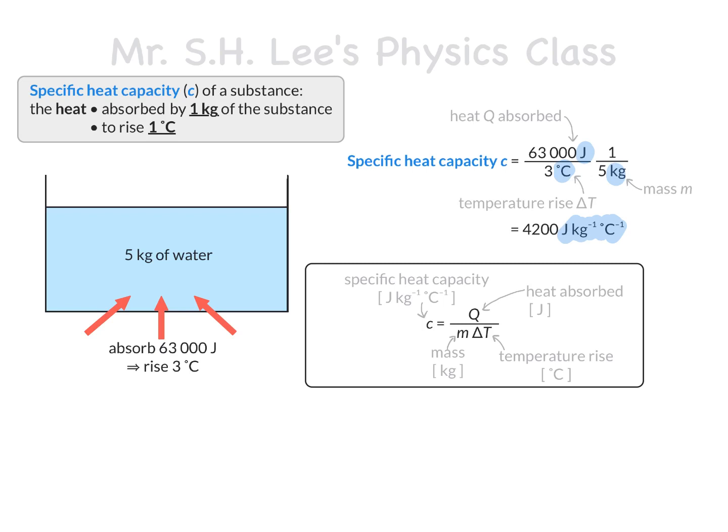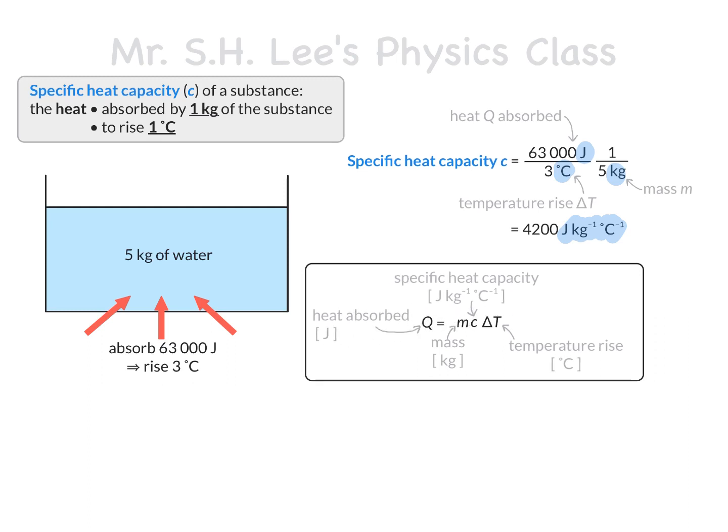In practical applications, it's often more common and useful to remember this equation in its rearranged form. Q equals mc delta T. You should note that when we use this equation concerning the specific heat capacity c, the heat Q can be a heat absorbed and the corresponding delta T would then be a temperature rise. The heat Q can also be a heat released and then the associated delta T would represent a temperature drop.